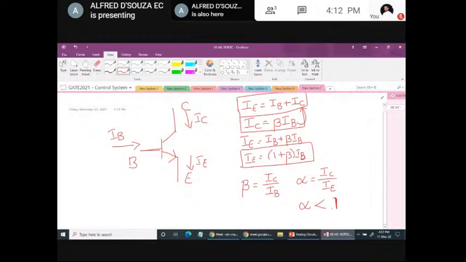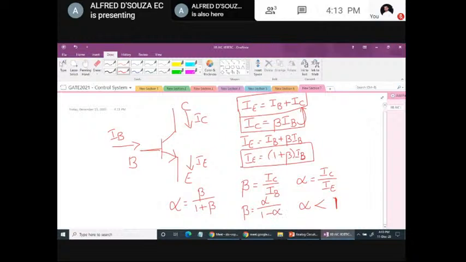From this basic current equation, we can also relate alpha and beta. Alpha can be written as beta by 1 plus beta, or you can also get beta as alpha by 1 minus alpha.